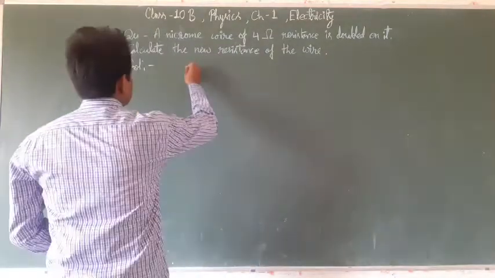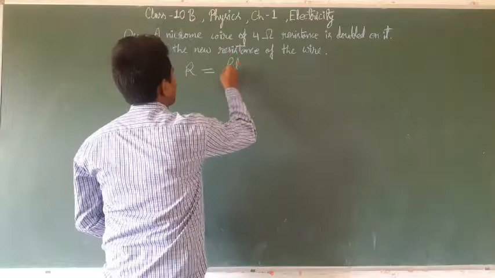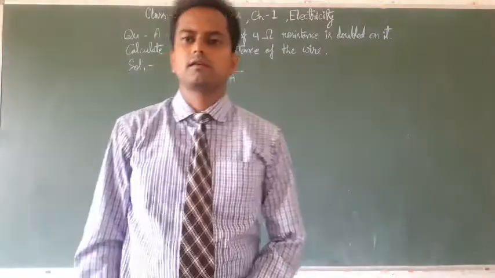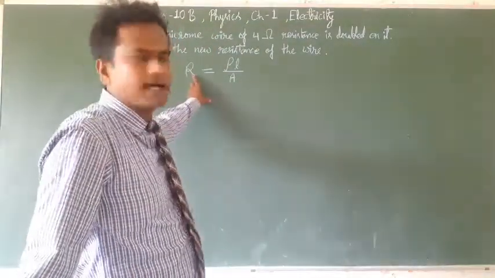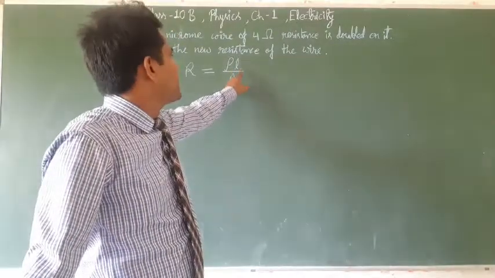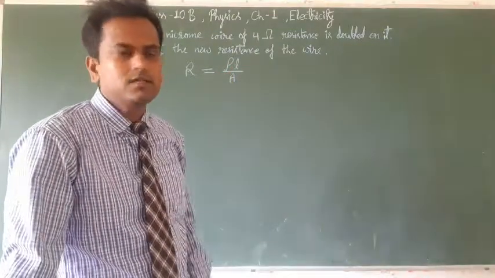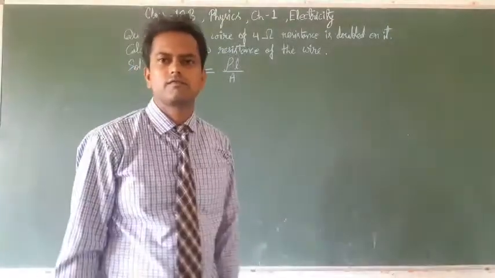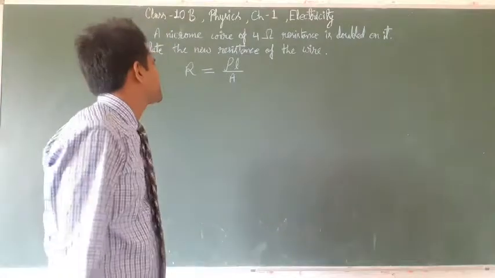So we know that resistance is rho L by A. In the resistivity concept, I have told you, I have derived it, resistance is equal to rho L by A, where rho is the resistivity, L is the length of the wire, and A is the cross section area of the wire.